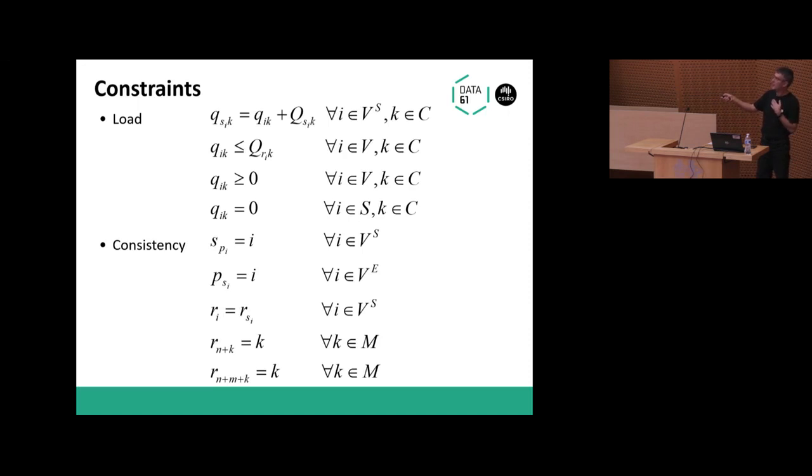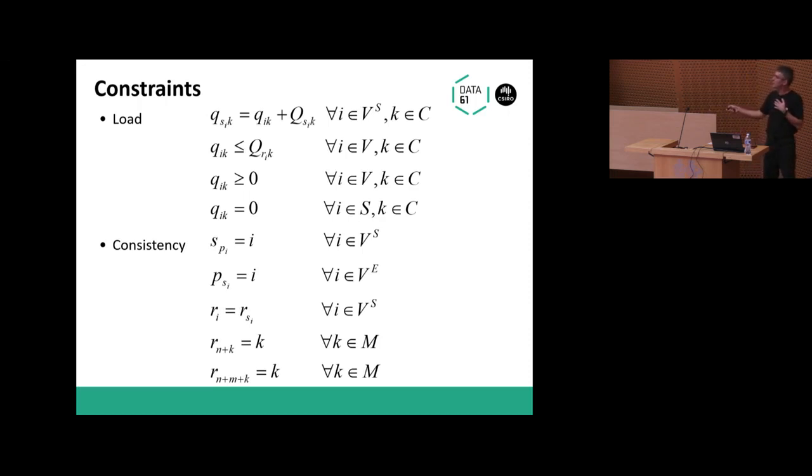And if we've got a PDP, we want to make sure that we don't go negative at any stage. And we just have some consistency, which says that the successor of my predecessor is me, the predecessor of my successor is me, and the starts and ends all sit on their right.